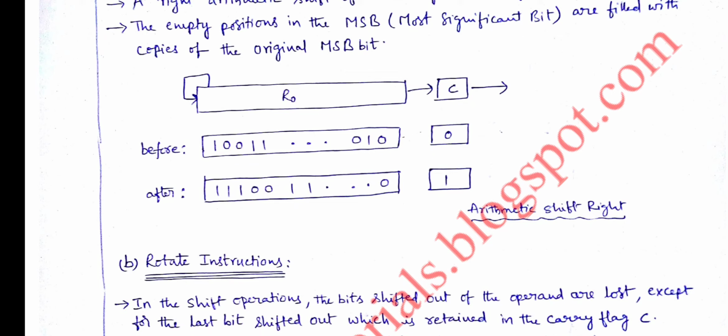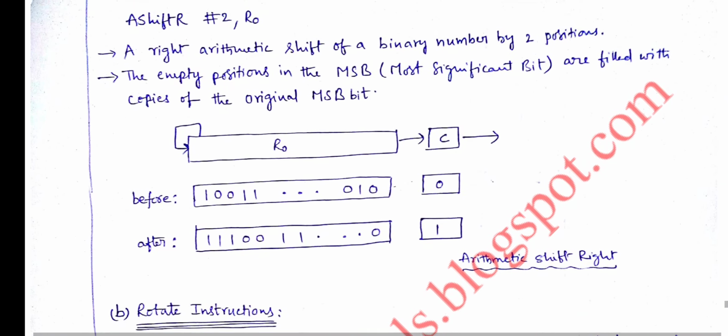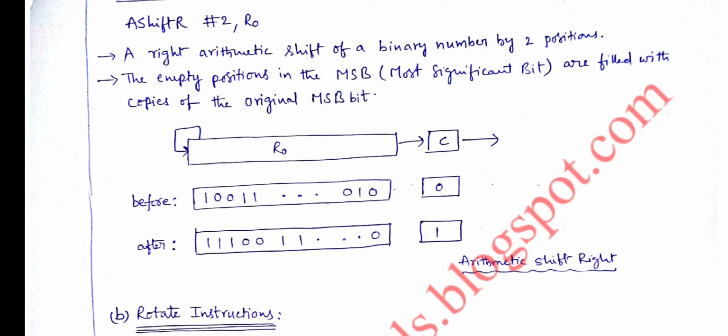This is before, and after moving, it comes like this. Two bits move. The ones which were there have come back after moving. So the most significant bits are filled with copies of the original MSB.